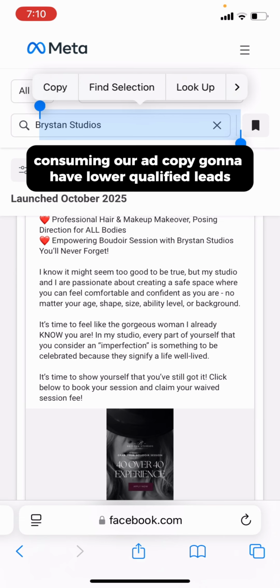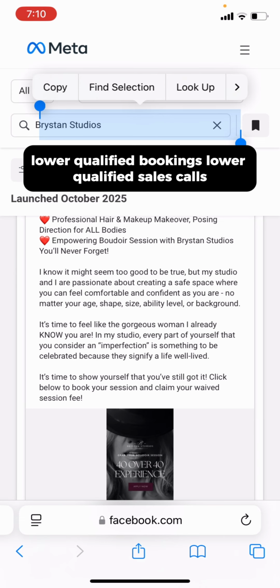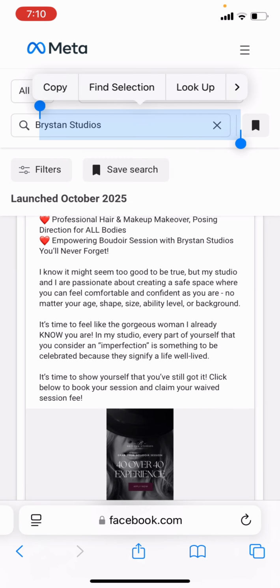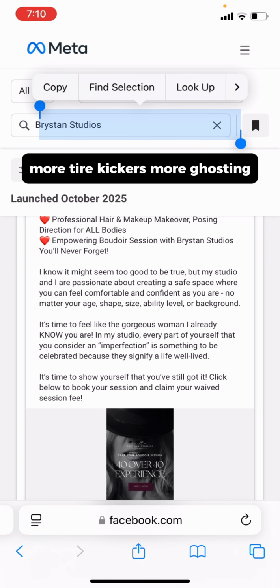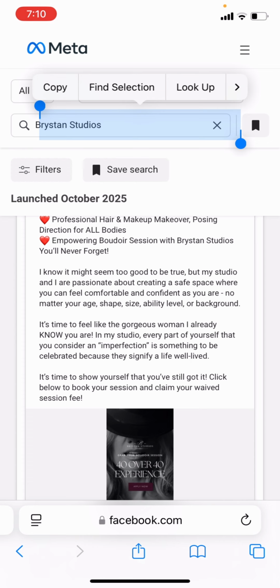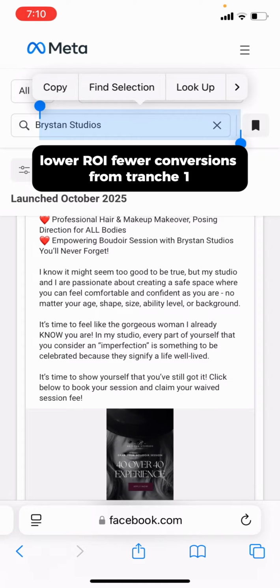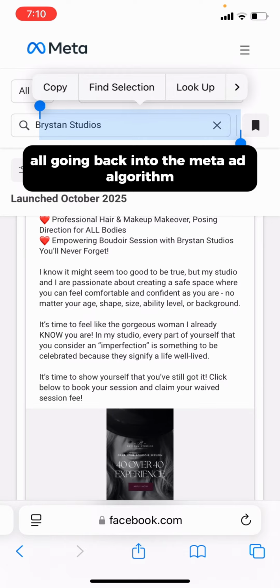We're gonna have lower qualified leads, lower qualified bookings, lower qualified sales calls, more price hunters, more objections, more tire kickers, more ghosting, fewer sales, lower revenue, lower ROAS, fewer conversions from tranche 1, all going back into the Meta ad algorithm.